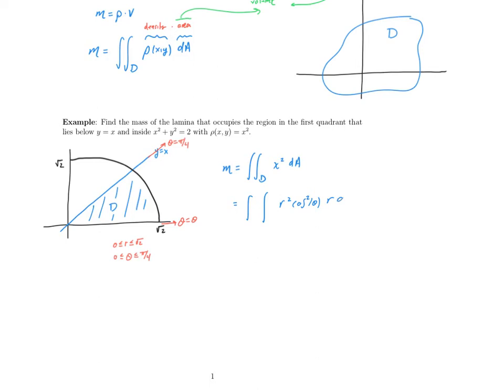The dA is r dr d theta. The r values are varying from 0 to square root 2, and the theta values are varying from 0 to pi over 4.